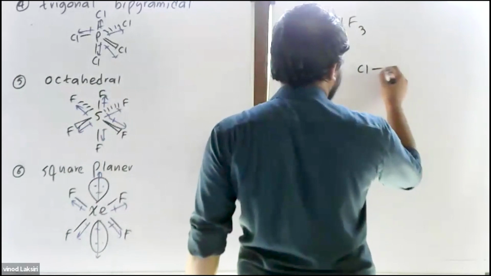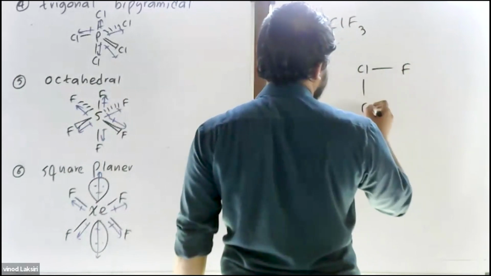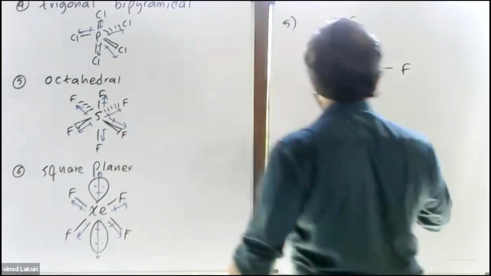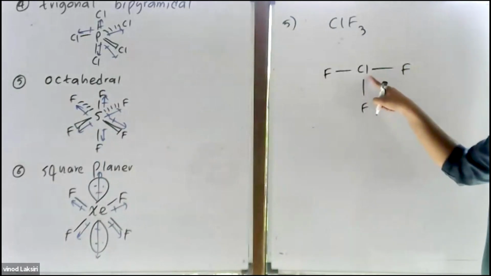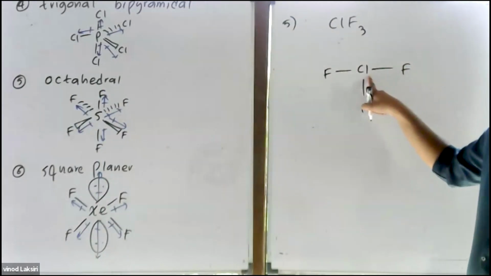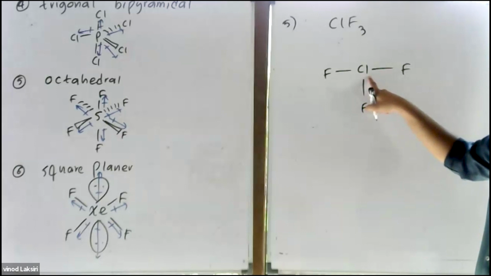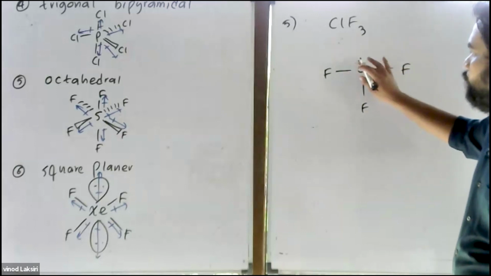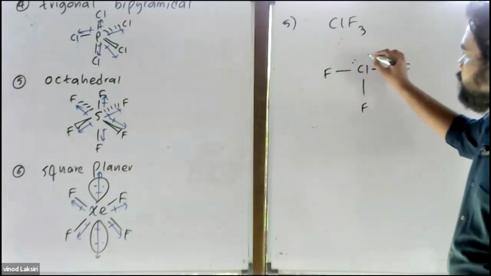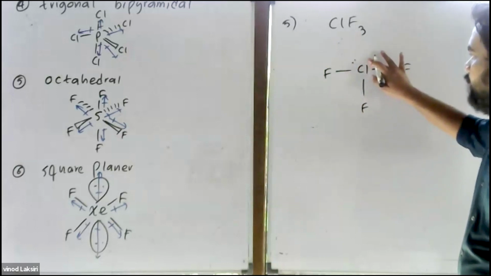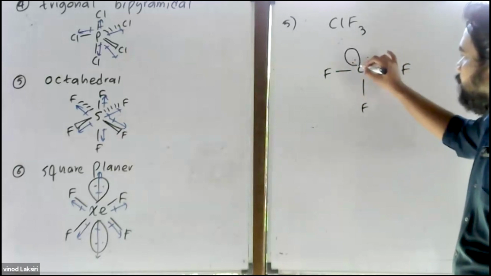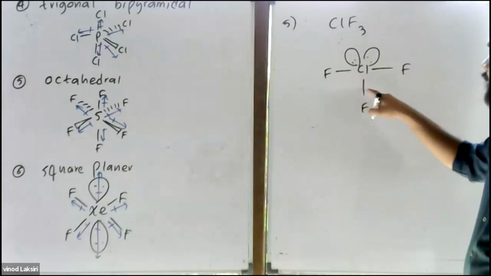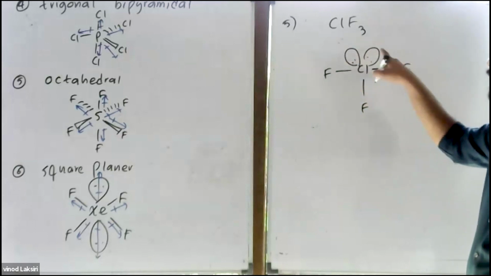Fluorine always forms how many bonds? Only one bond. Then how many electrons does chlorine contain in the valence shell? 7 electrons. 1, 2, 3, 4, 5, 6, remaining electrons are present as lone pairs. Therefore, here there are 3 sigma bonds and 2 lone pairs.